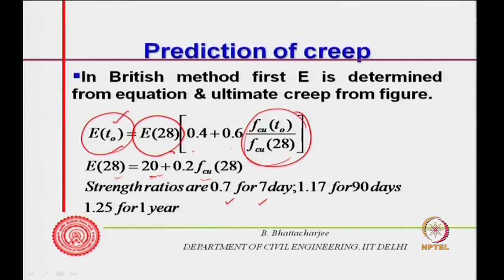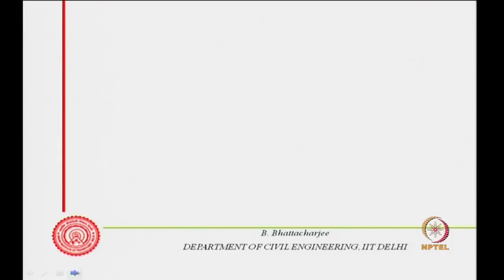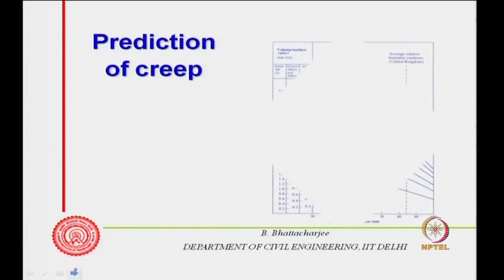It is 0.7 at 7 days, 1.17 for 90 days, and 1.25 for 1 year. So, from this you first find out the E corresponding to that time. Now, once you have done that, then you can use this diagram.